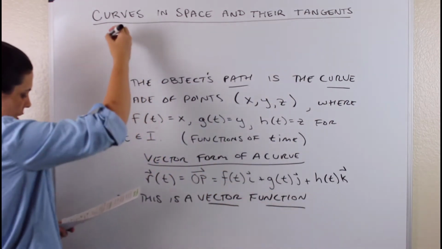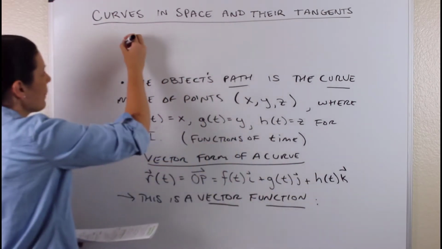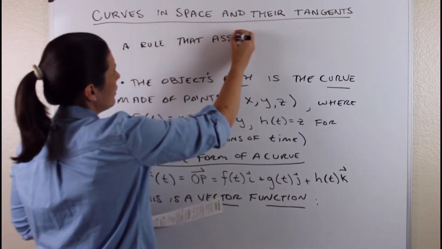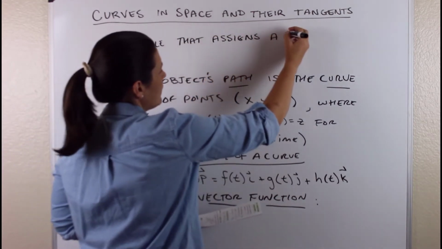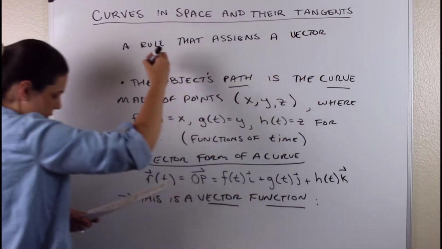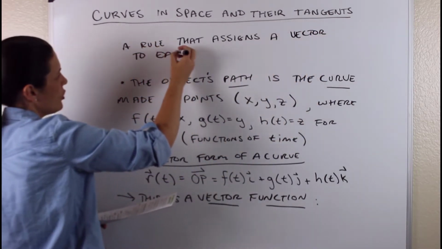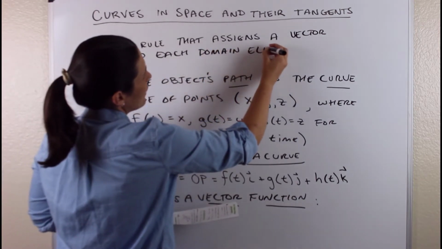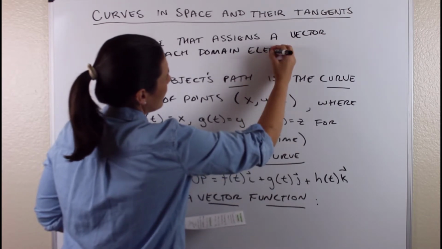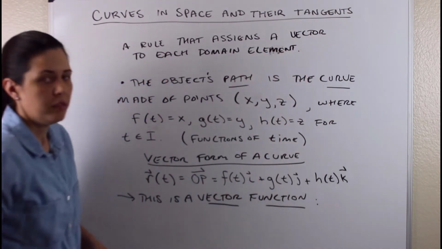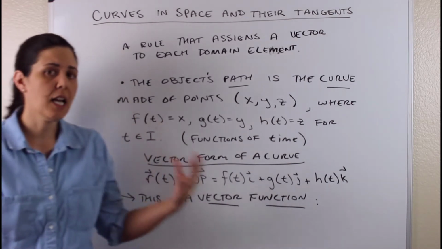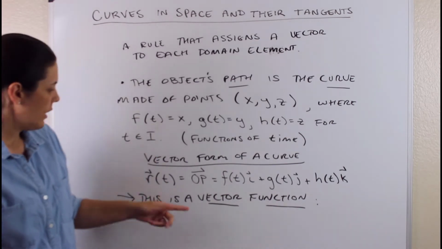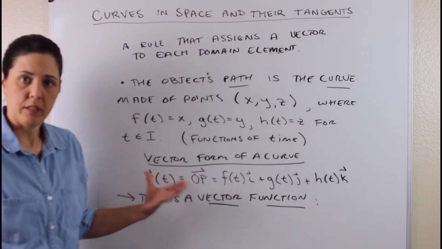So this is a vector function, which is basically a rule that assigns a vector to each domain element. So every t value that you plug in, every number you choose for t, if this is time, maybe 1 second, 2 seconds, 3 seconds, every t that you plug in, you're going to get a vector out as your output.